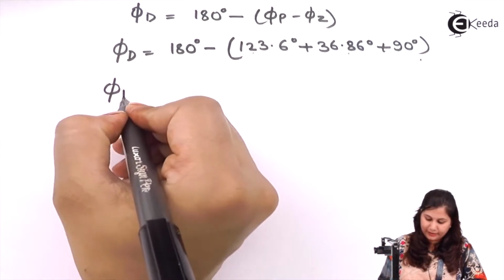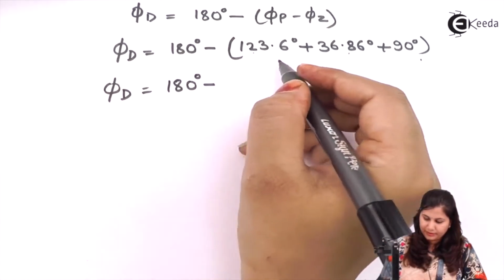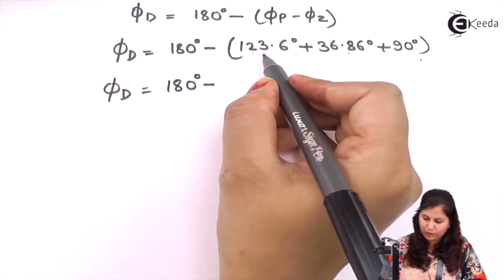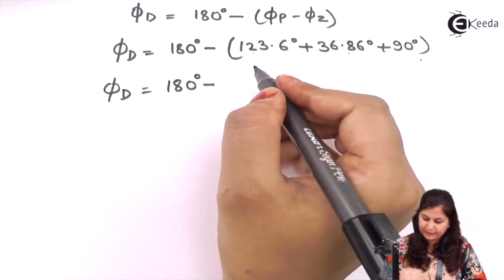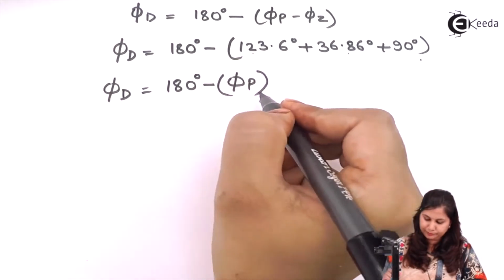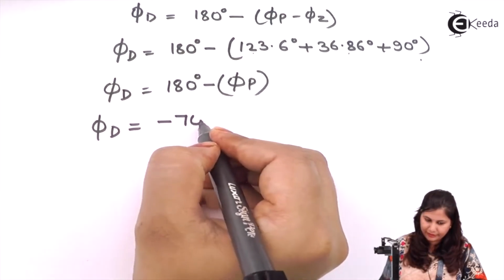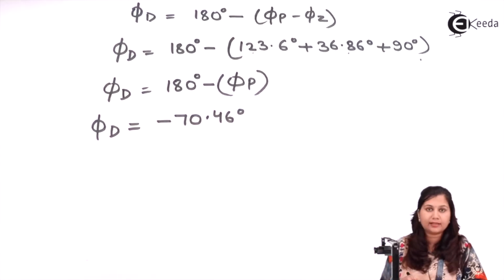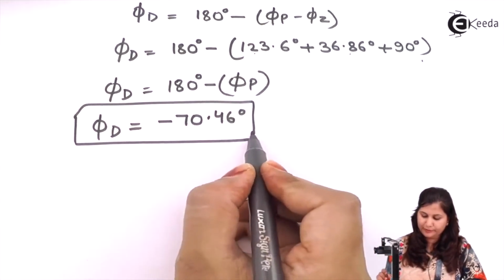Now phi d will be 180 degrees minus this sum, that is 123.6 plus 36.86 plus 90 degrees. Okay, sum of phi p. Then phi d will come out to be minus 70.46 degrees. So this is the angle of departure.